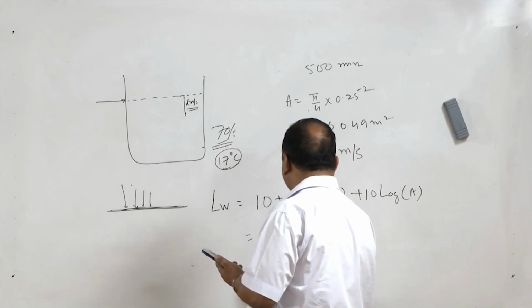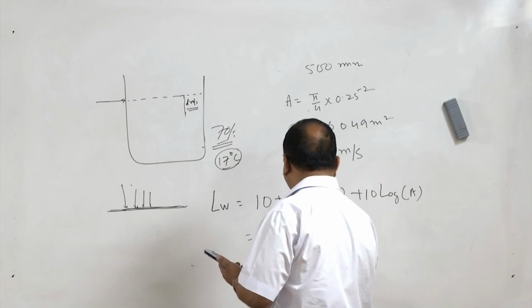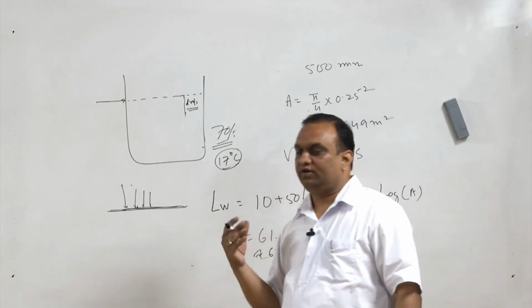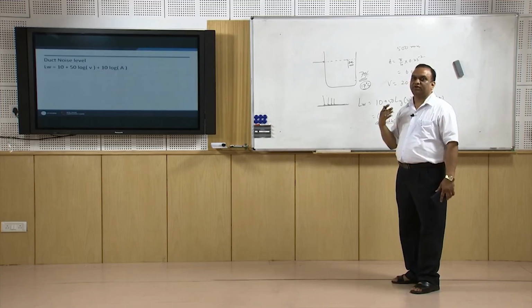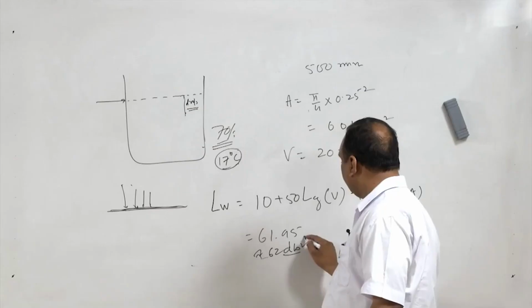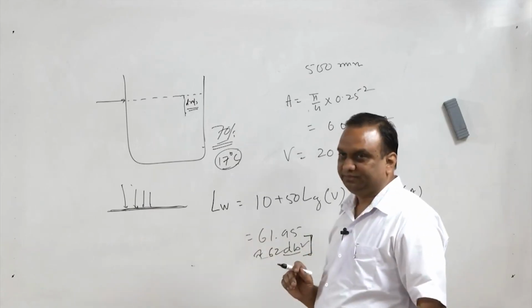This is a log scale. Okay, let us take 62 decibel. The 62 decibel noise is the noise of somebody talking, the sound level of normal conversation.